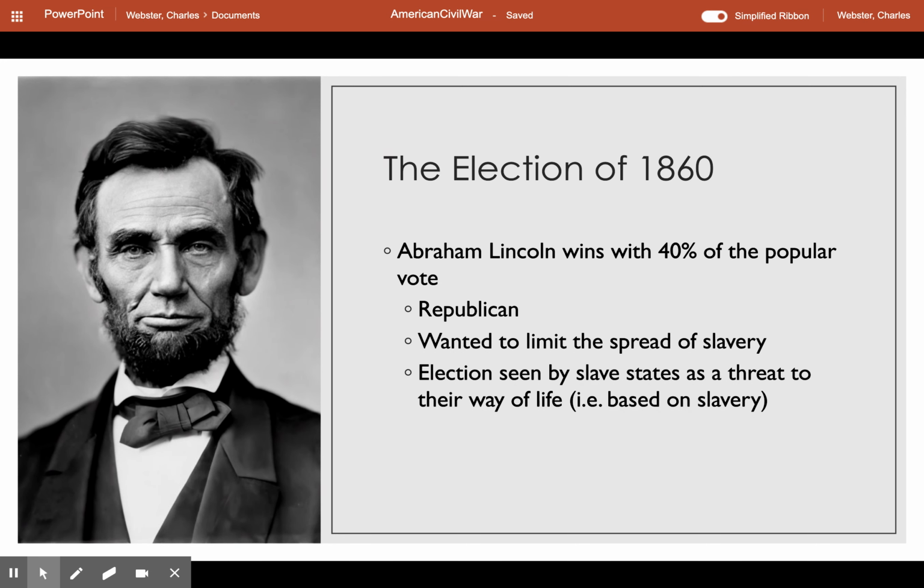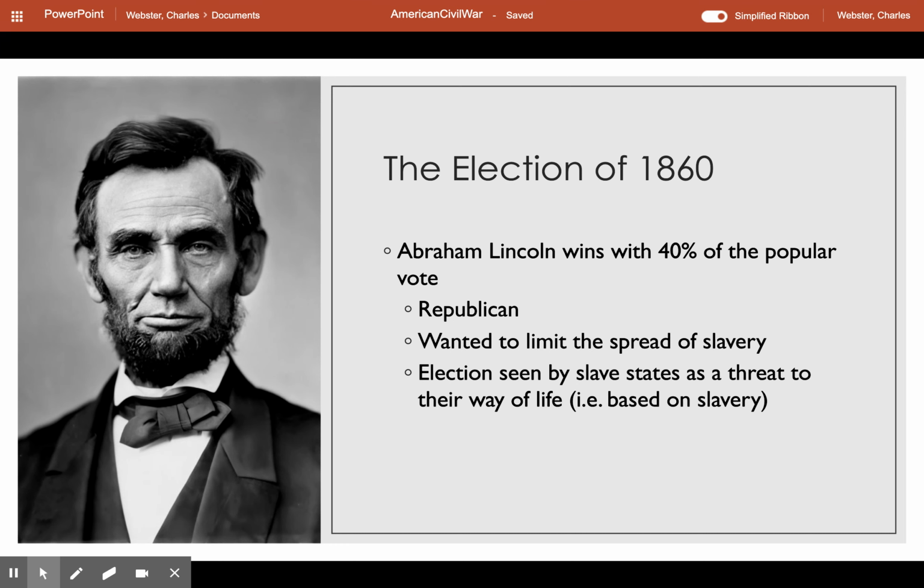It's important to note that Abraham Lincoln won as a minority president. He only had 40% of the popular vote. Only 40% of voters had actually voted for him. So he was a minority president, and he was a Republican, which angered a lot of southern states. A lot of people in the South were upset because he wanted to limit the spread of slavery.